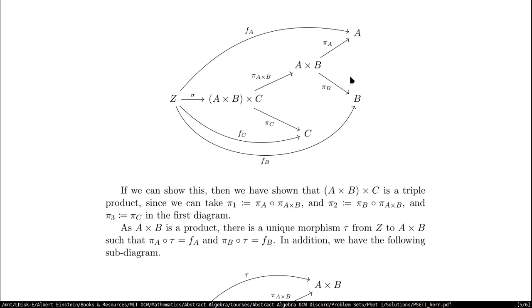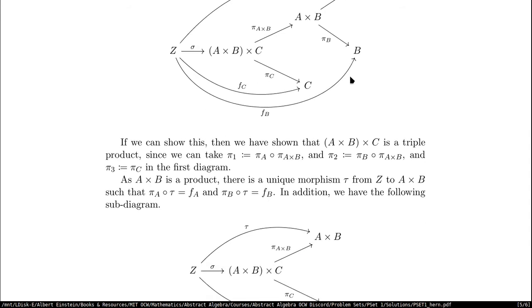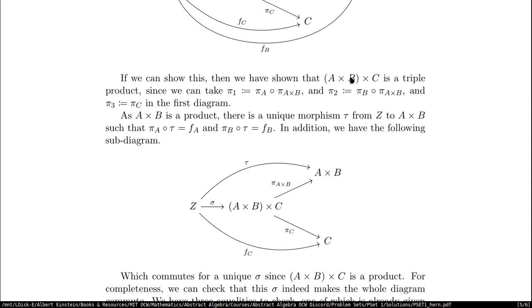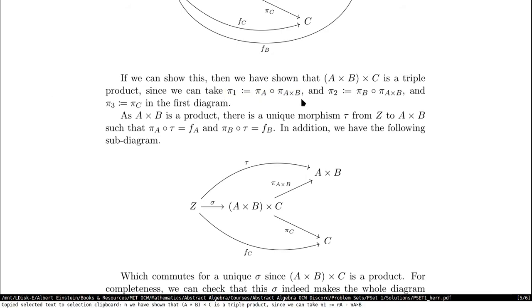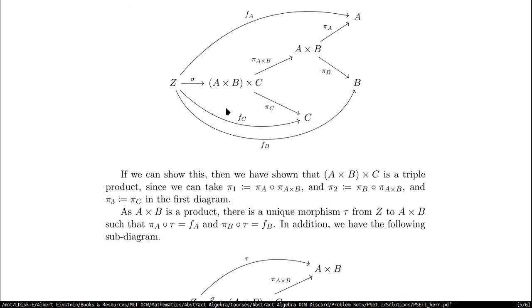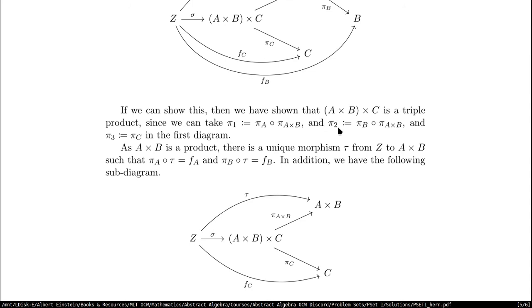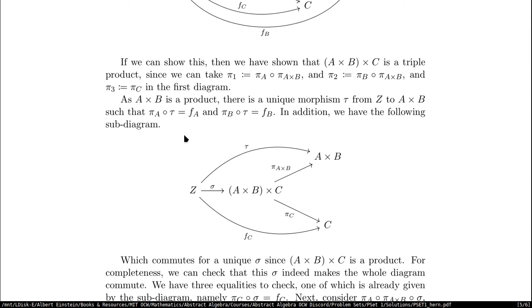So if we can show this, then we have shown that this is a triple product, since we can take pi 1 and the composition, you get pi 1, and pi 2 you get from here.